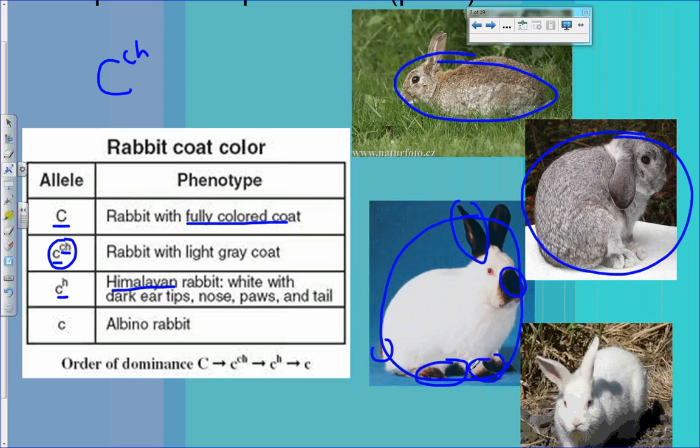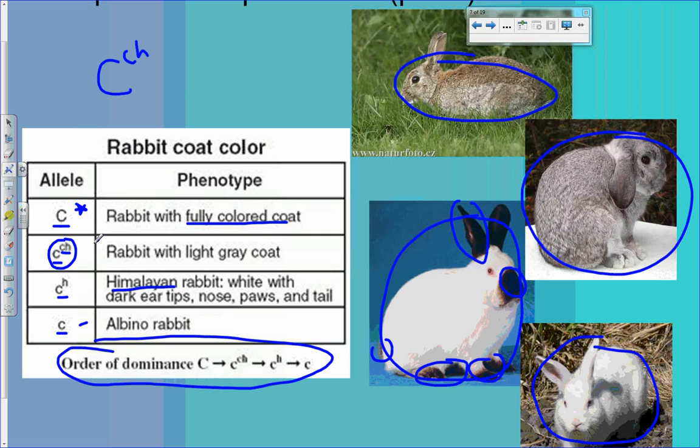Now this order of dominance is important. This is the most dominant, and this is the least dominant. So you can imagine, we can have any combination of 2 of these alleles. So for example, big C, well, that'd give us a normal colored coat, but so would big C, CH, or big C, CH, or big C, little c.